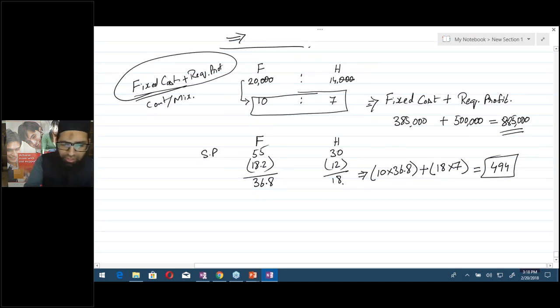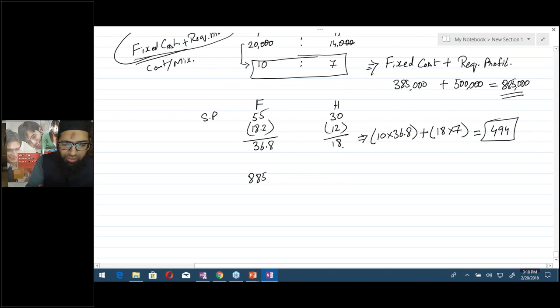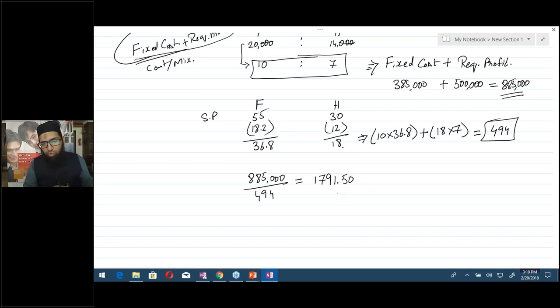If I divide 885,000 by 494, the answer will be 1791.50 if I round it off to two decimal places.